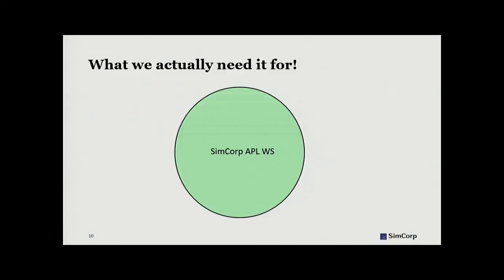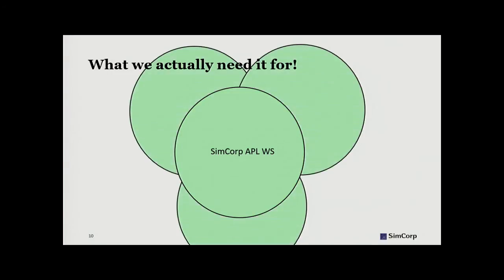But this is not how we see it in SimCorp, because the problems we are dealing with are not about having small calculations done. We have to have our entire framework at hand to do anything. So we should think more in worker bees, kind of isolates that will probably have to live forever. But still, we are going to start up a lot of workspaces. So this is what we're dealing with.